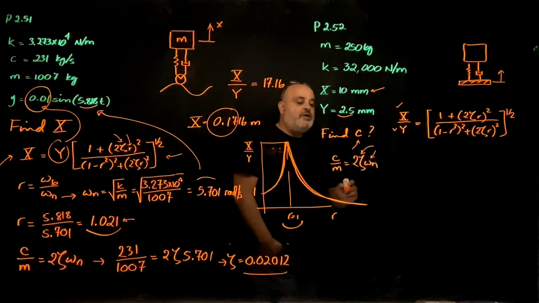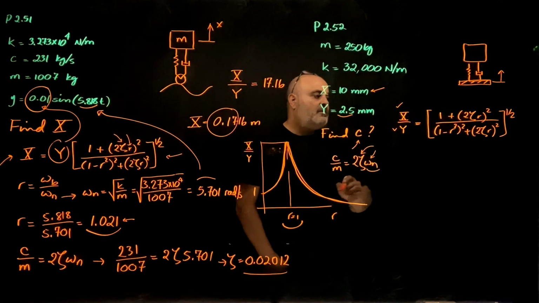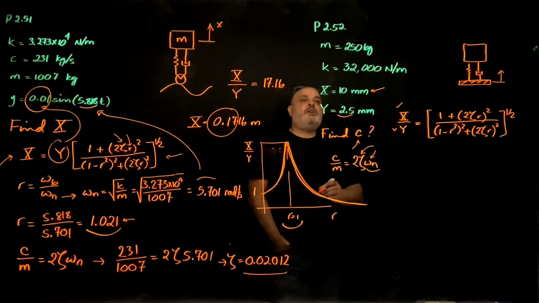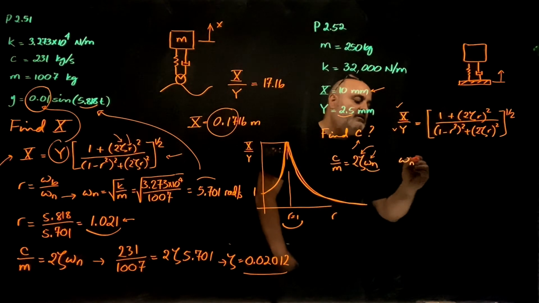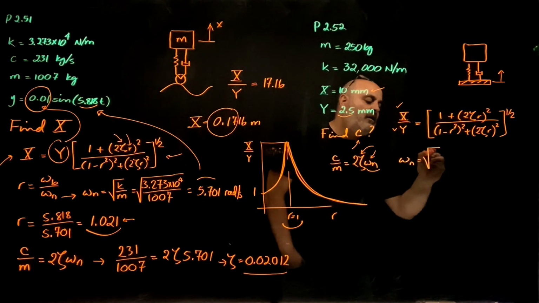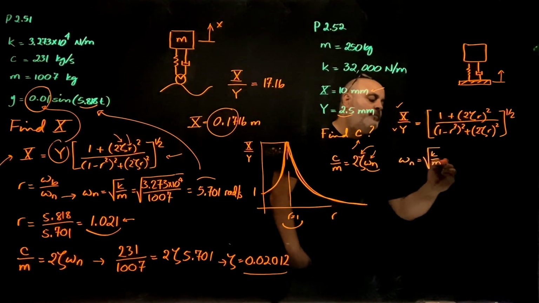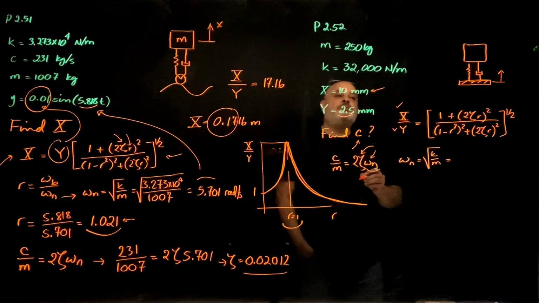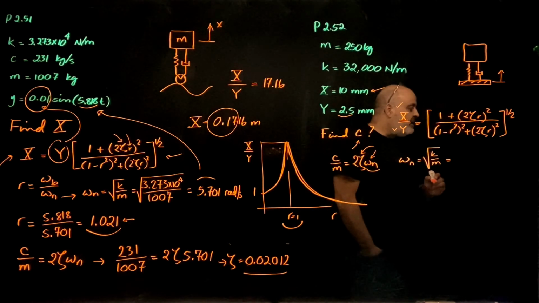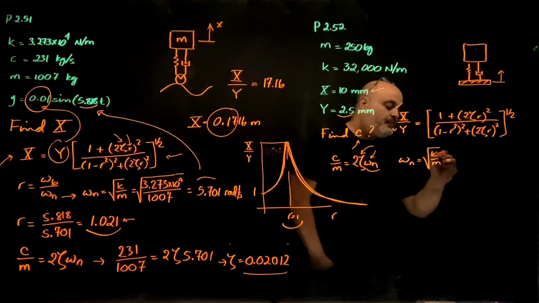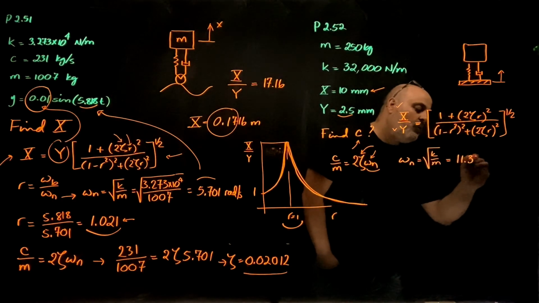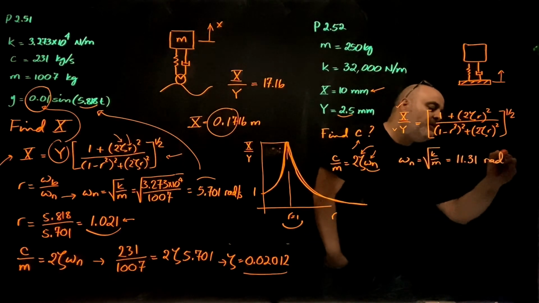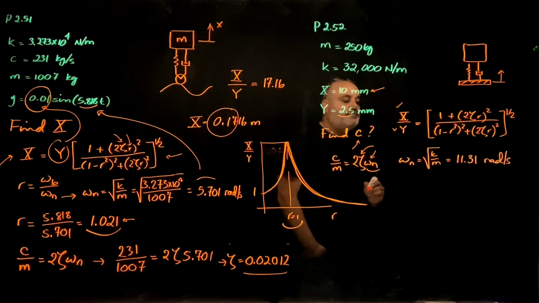Now first, omega n, this is easy to find, which is omega n is the square root of k over m. K is given and m is given, and omega n will be 11.31 radians per second.